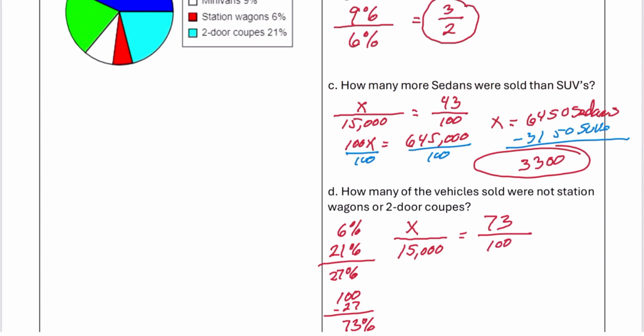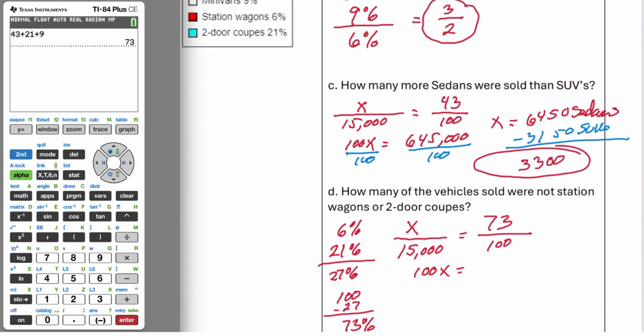Cross multiply. 100x equals 15,000 times 73. This gives us 1,095,000.